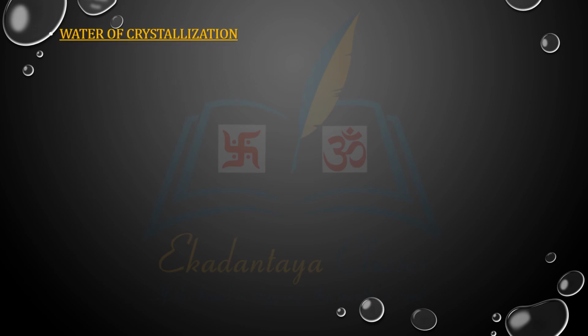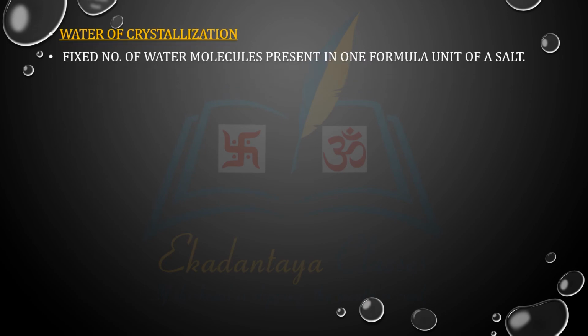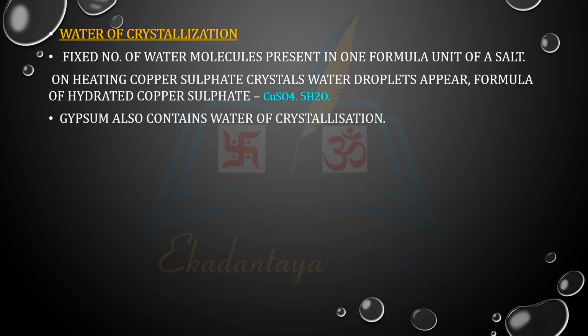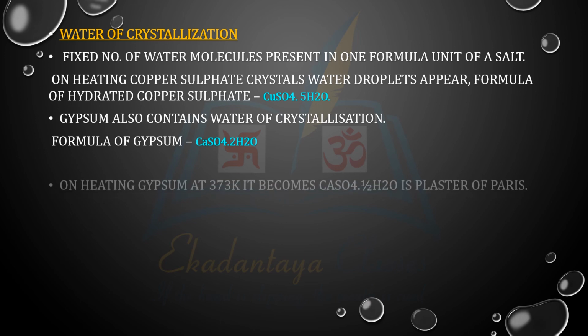Water of crystallization: a fixed number of water molecules present in one formula unit of salt. On heating copper sulfate crystals, water droplets appear. Formula of hydrated copper sulfate is CuSO4.5H2O. Gypsum also contains water of crystallization. Formula of gypsum is CaSO4.2H2O.